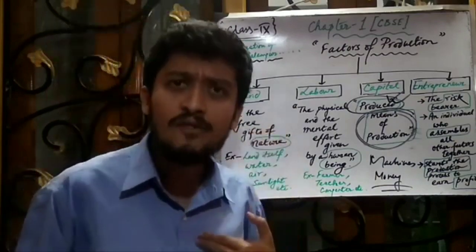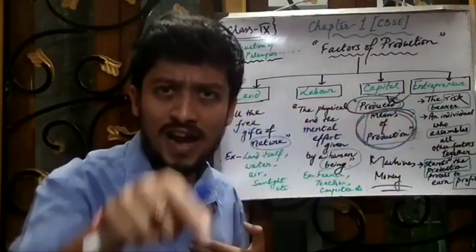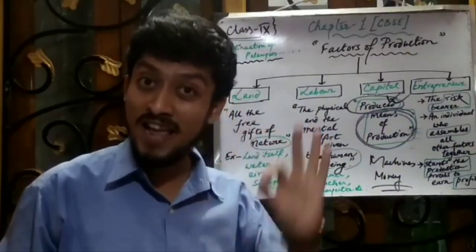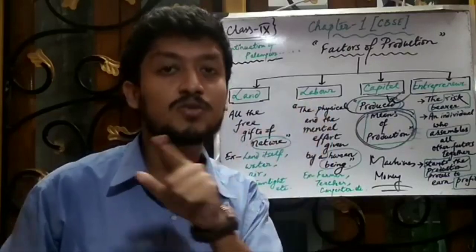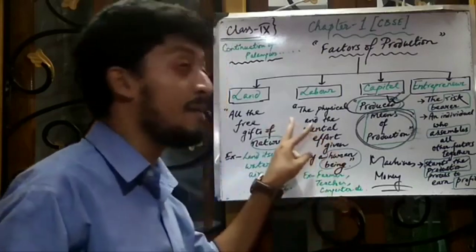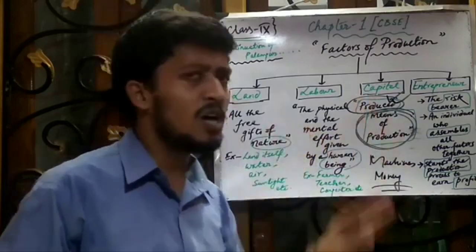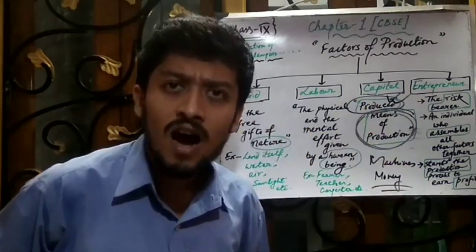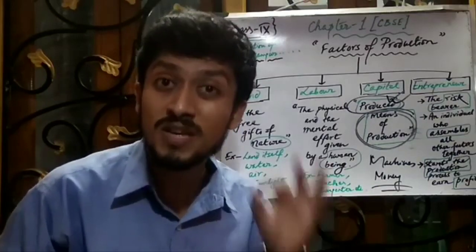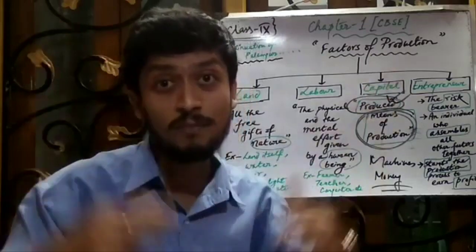Number two, I have hired you and one of your friends. They are very smart in making cakes, very good at confectionery jobs. That's why those two individuals are my company's labor. The third one, the capital. I have bought a microwave oven from a shop because a microwave oven suits best for making that particular cake, a fluffy one.